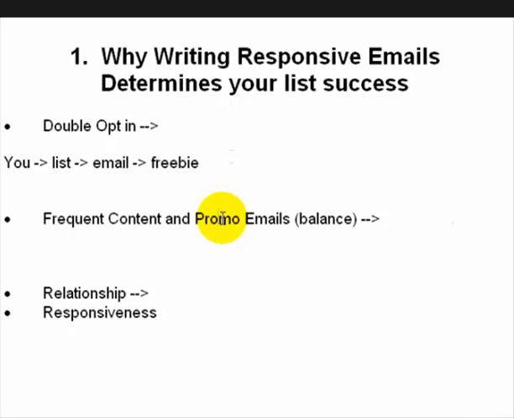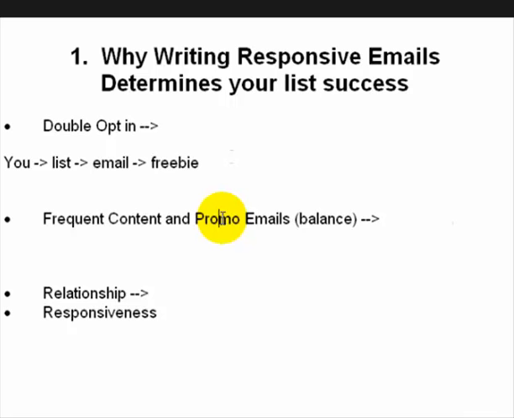Otherwise, your list will think, oh, this guy only gets content. You need to condition them. What I've learned is if you give somebody free things every single week for 6 months, and then all of a sudden you promote something, most of the time those people won't even buy from you. And here's why. Because you condition them to see that you only give free stuff.